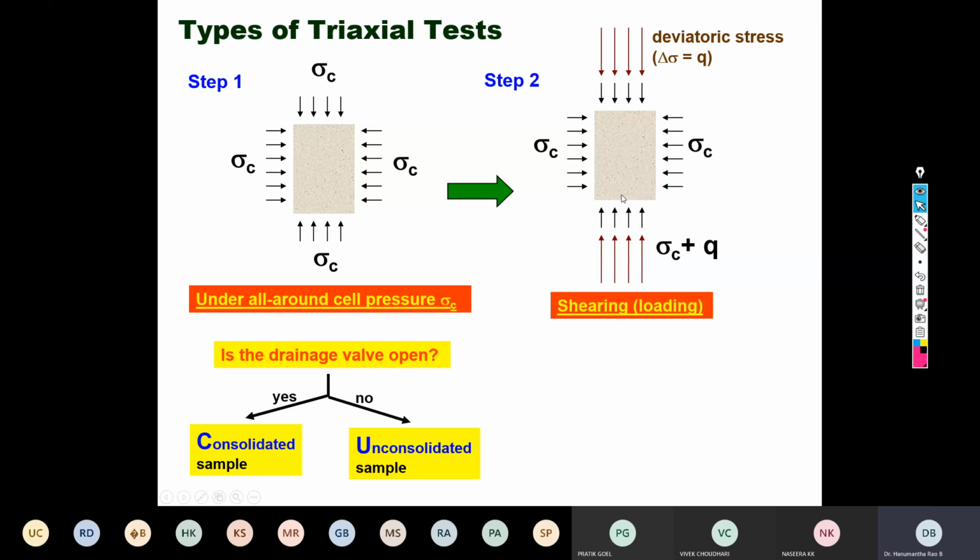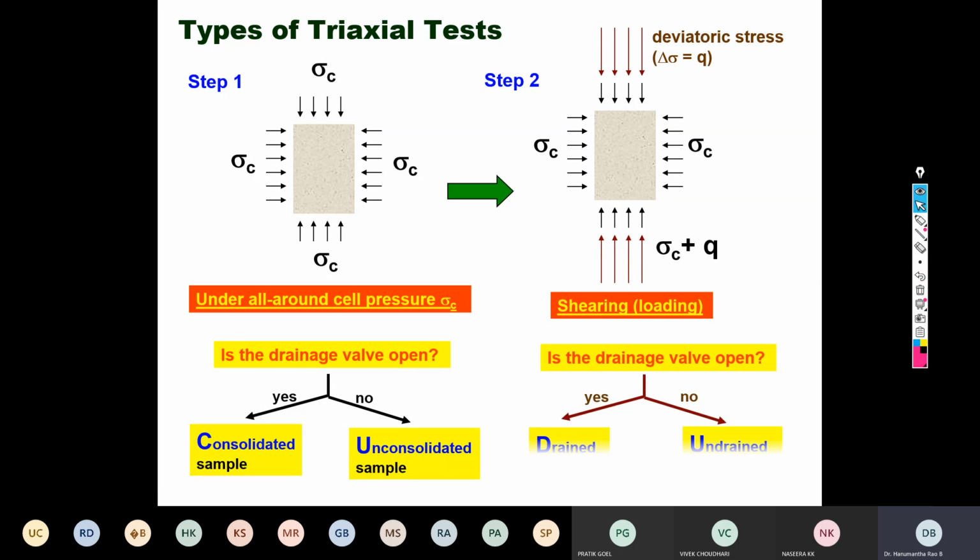Now, once consolidation is done, the next step is the shearing. Again, during the loading, you can either open the valve or close the valve. Step 1, during the consolidation, you either want to consolidate the soil sample or you do not.